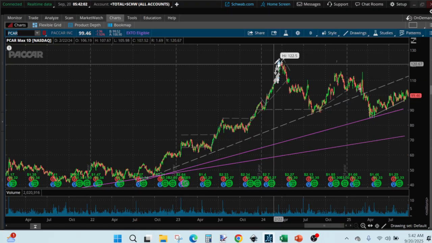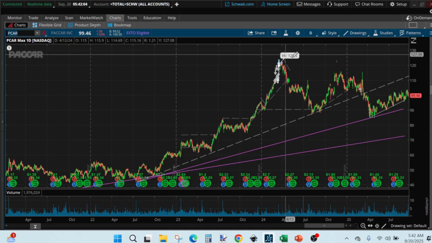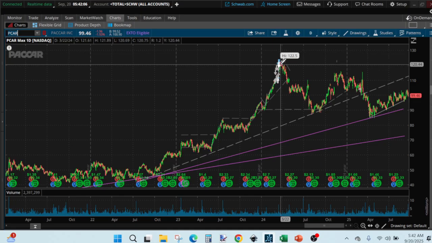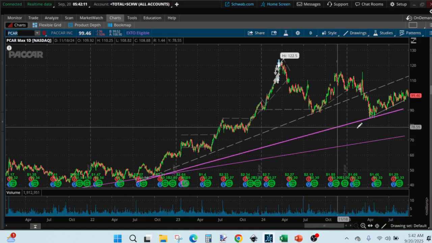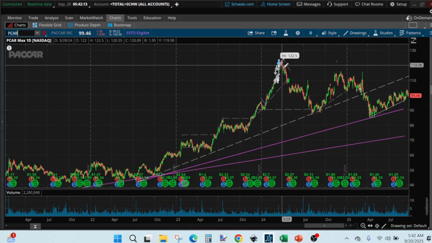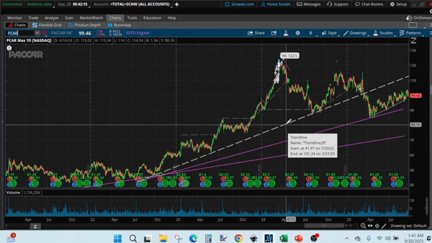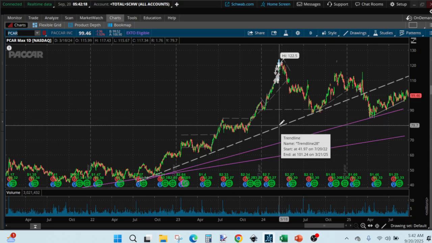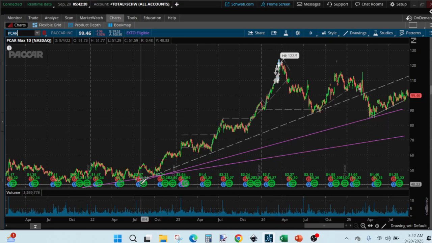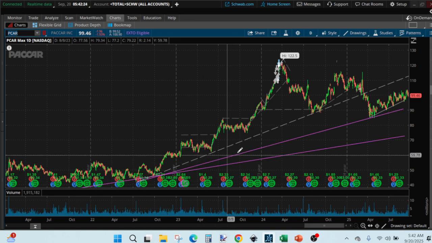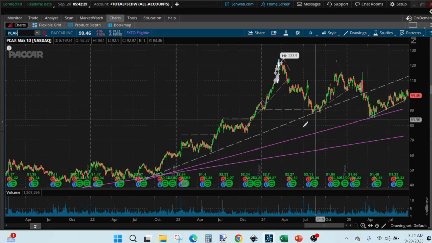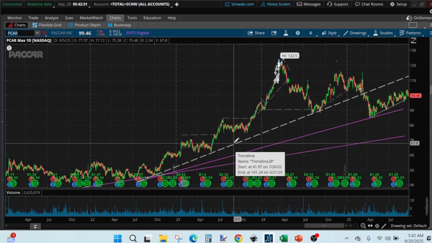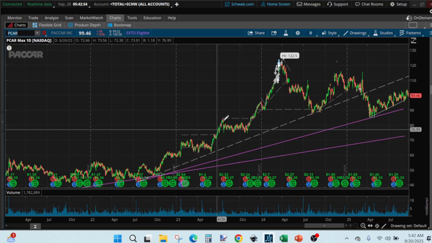So with the PCAR example, it reached a new high at some point here in 2024. You have the dotted lines delimiting the years, and then it pulled back. So it pulled back to this trend line here that originated from 2022 or so, and it could well be the support line of the upside wall of the mountain.